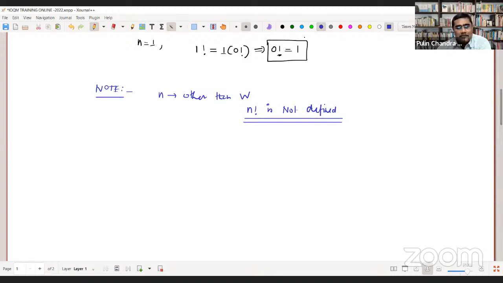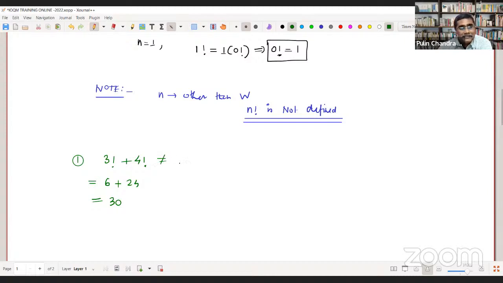Now, how does it help us? Just quickly, we'll go for some small queries or questions, because students might get confused with that. What confusion can come? If I ask you, write 3 factorial plus 4 factorial, then of course you have to do this individually. You have to find it 6, and this will be 24, and then that together will give you 30.